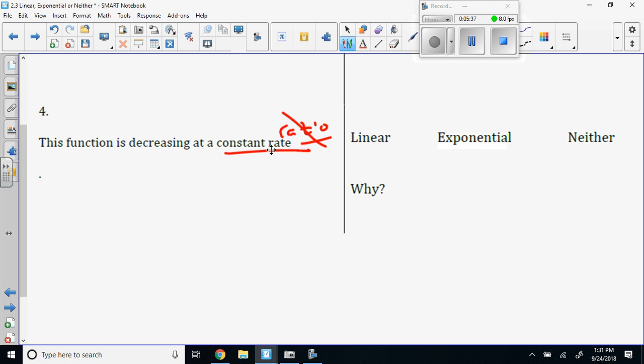It's not ratio, it's constant rate. It's linear. That rate is a rate of change. If it is decreasing at the same constant rate, ladies and gentlemen, then it's going to form a straight line. Y'all good with that? Y'all sure? Okay.